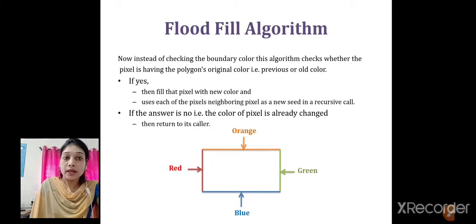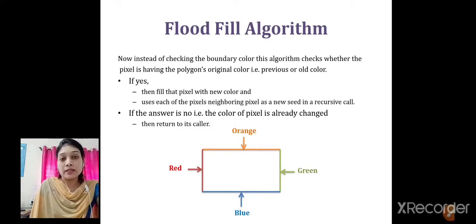And then again we make the recursion for the neighboring pixels of that current pixel. If the answer is no, means your current pixel is not having the original or old color of the polygon, then the color of the polygon is already changed, and in that case you just apply the recursion over there.